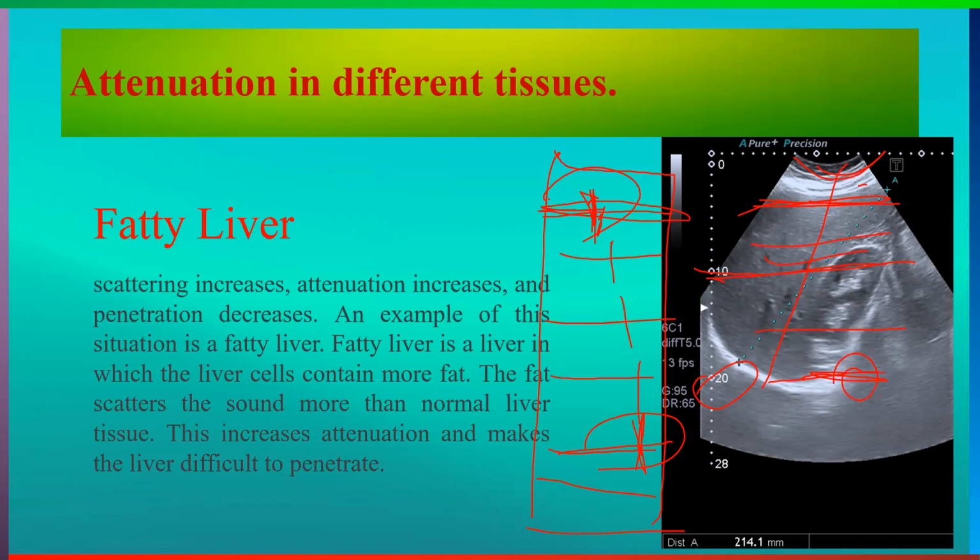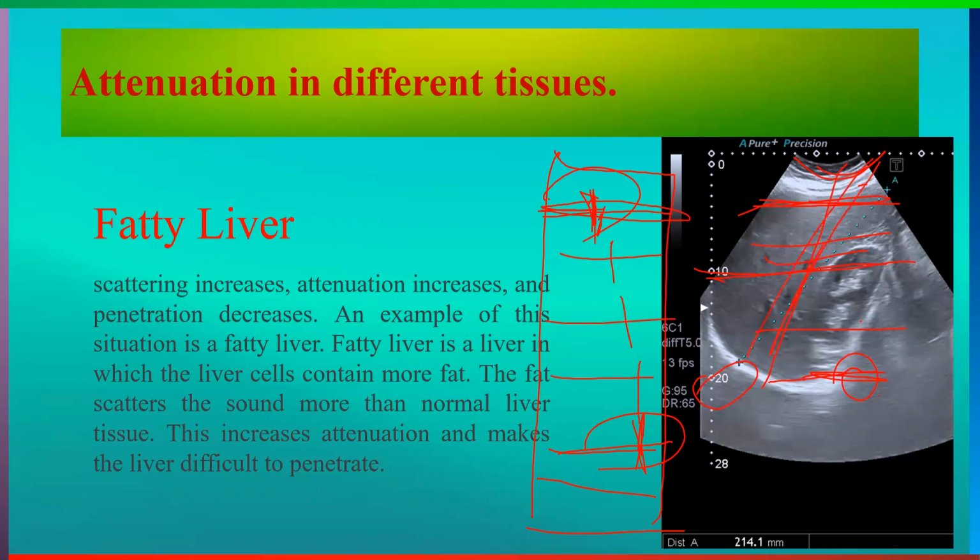That's why it is called TGC, because all the echoes taking more time for coming back towards the transducer are given more gain. They are compensated with more gain as compared to the echoes coming from the superficial part. So the deep and superficial part of the liver will appear at the same echogenicity.